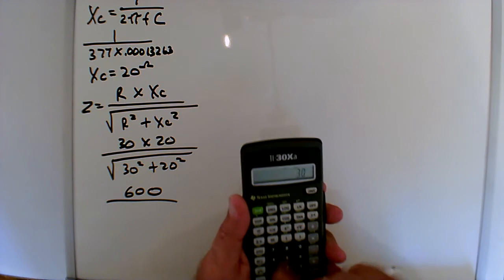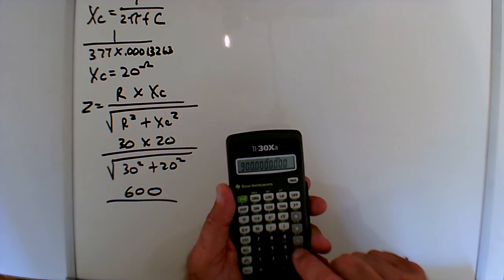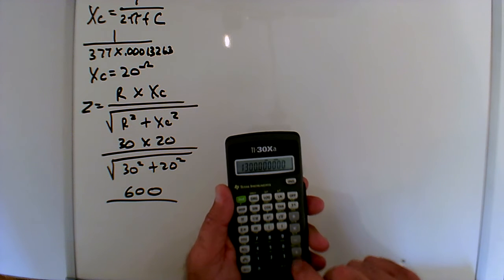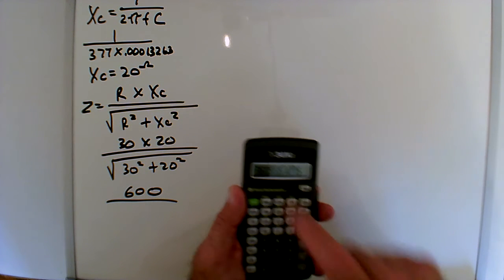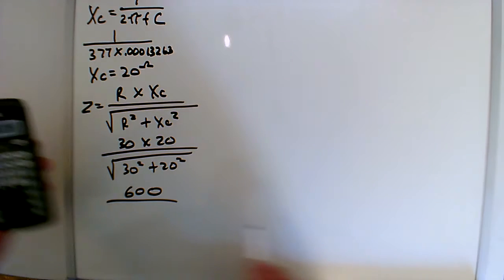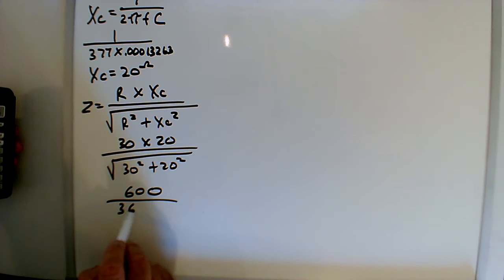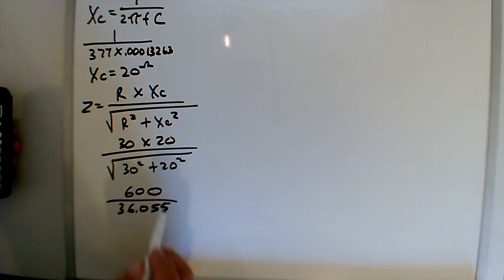So that would be 30 squared plus 20 squared, and I'd hit the equal sign, and then the square root of that is 36.055.